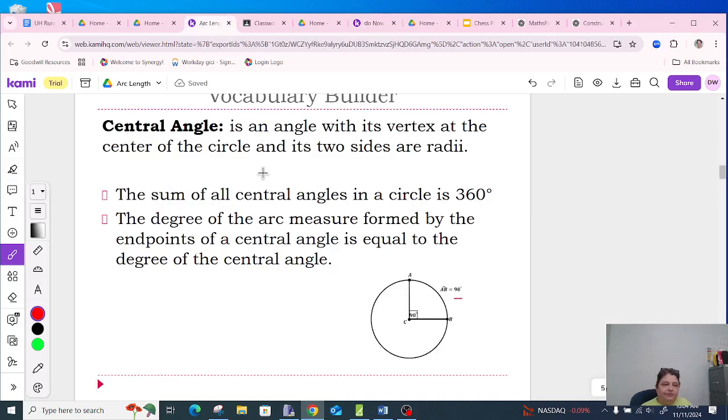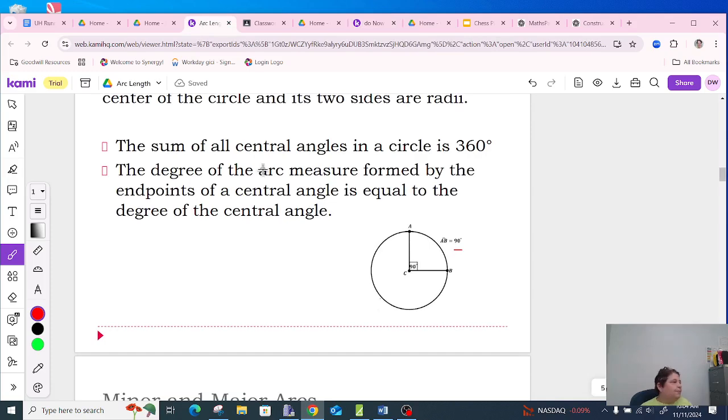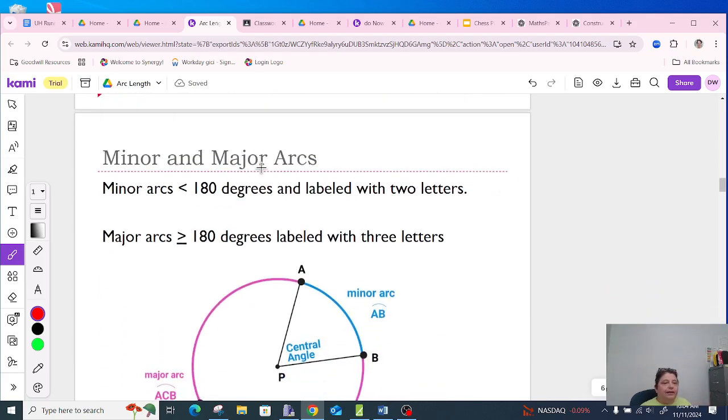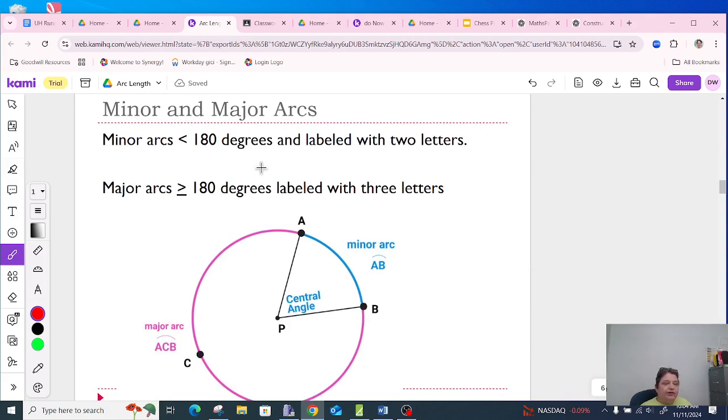Okay, we'll be talking more about central angles and inscribed angles. But this is not on your notes; there should be room on the top of your notes to write this. Minor arcs are arcs less than 180 degrees. You only use 2 letters, and that would be the smaller arc.